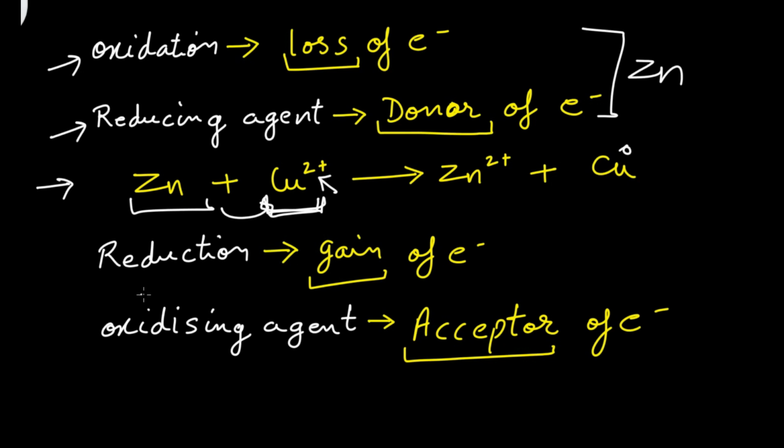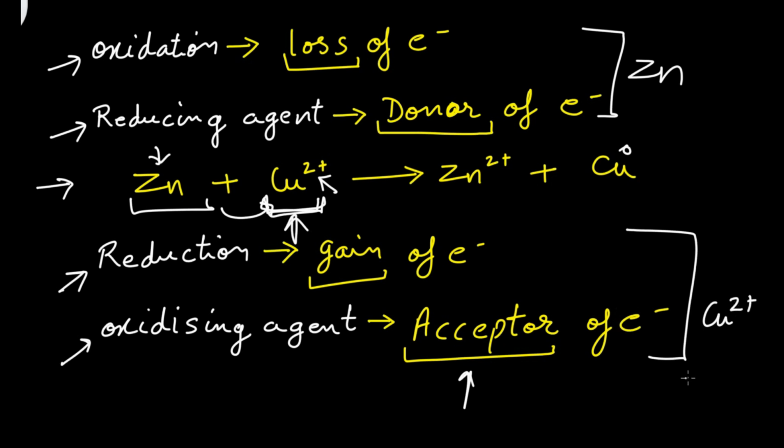Gaining of electrons means reduction, and accepting electrons, copper is accepting electrons from zinc. So it is acting as the oxidizing agent. So in this case, copper is undergoing reduction and copper is also acting as the oxidizing agent, right?